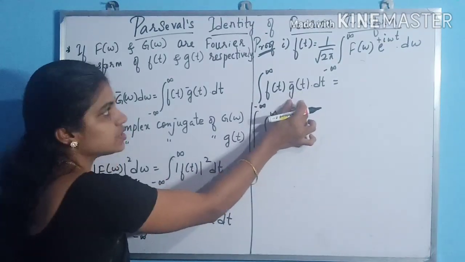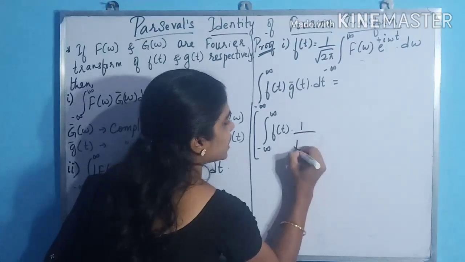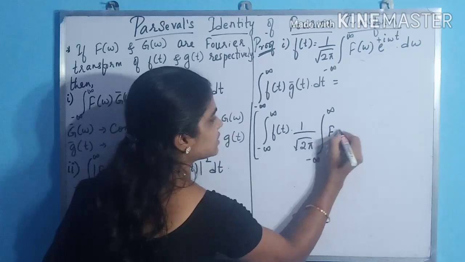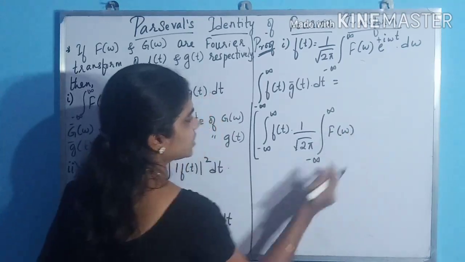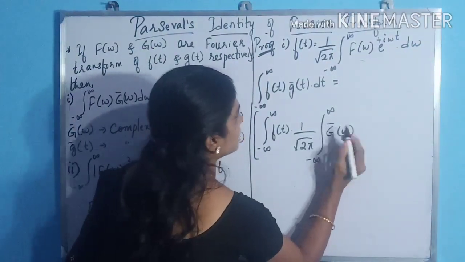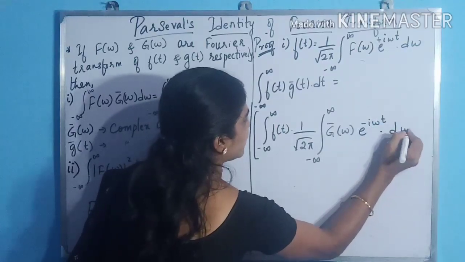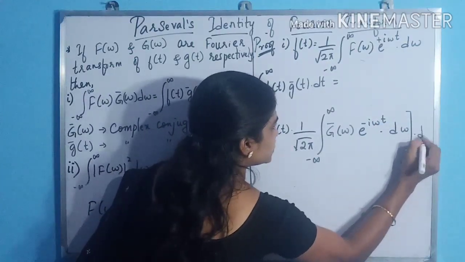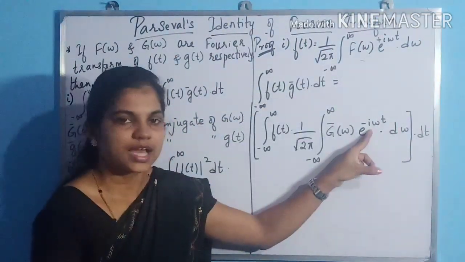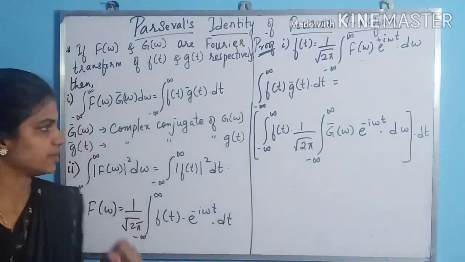Since it is a complex conjugate of g of t, I can write this as 1 by root 2 pi integration from minus infinity to plus infinity of G bar of omega e to the power minus i omega t d omega, and the whole thing into dt. Since it's a complex conjugate, I have a minus omega. I told you G bar of omega is nothing but G of minus omega.